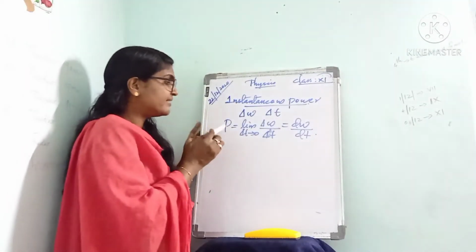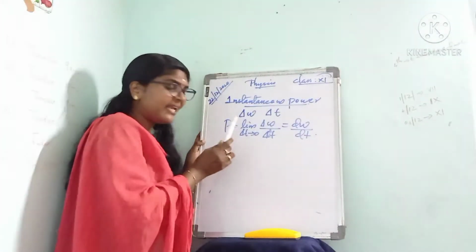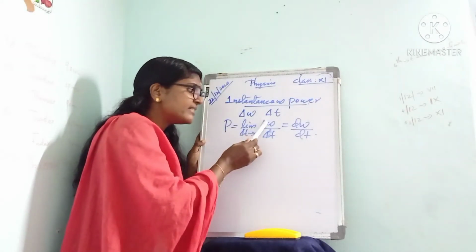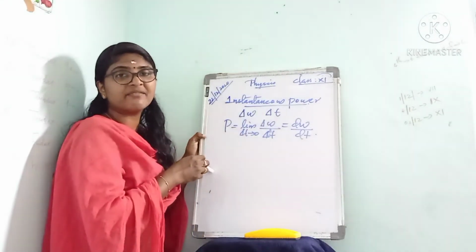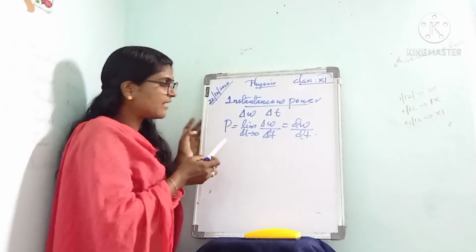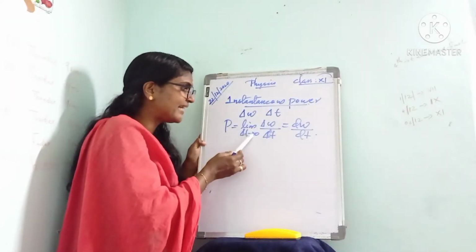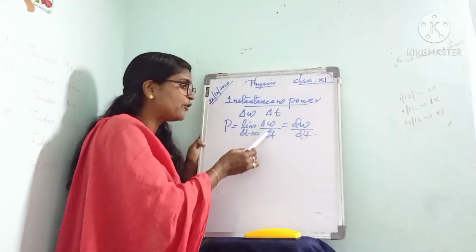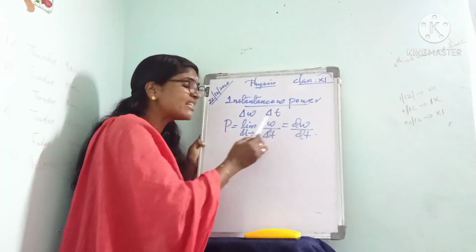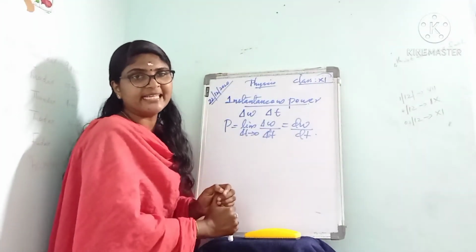Here the instantaneous power is defined as the limiting value of the average power when the time interval approaches 0, and this can be expressed as the limit as delta T tends to 0 of delta W by delta T, which takes the form dW by dt.